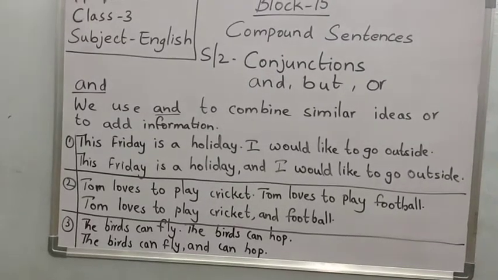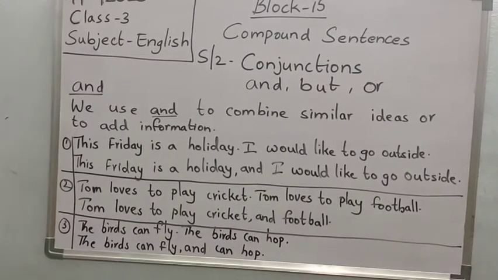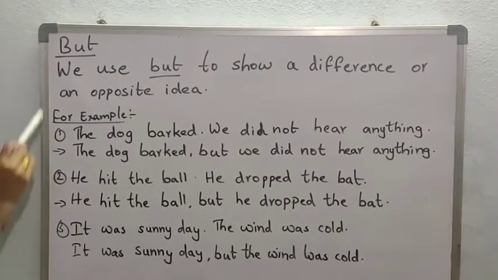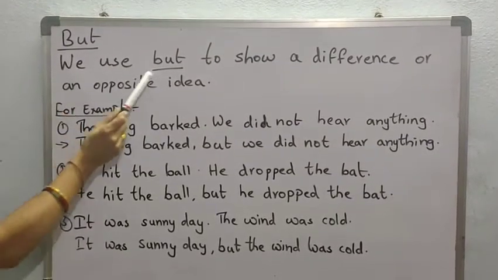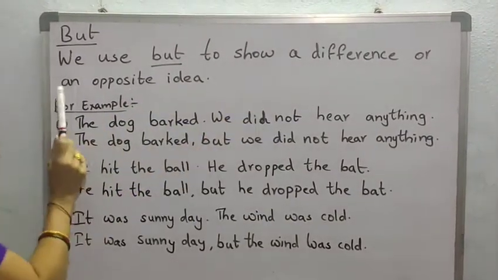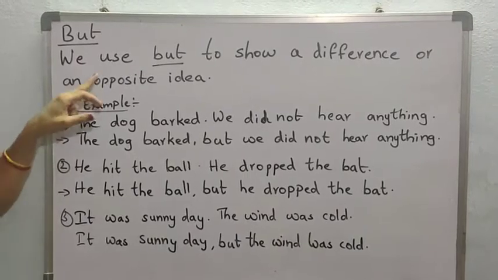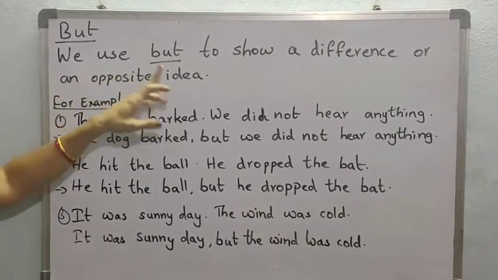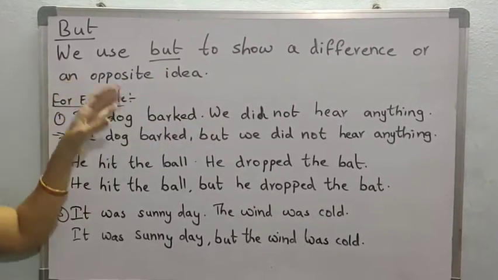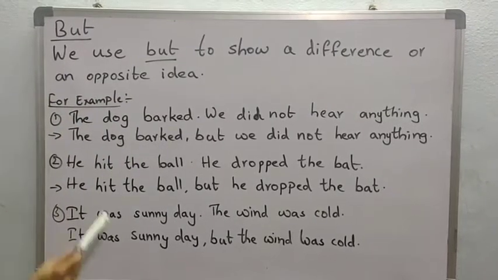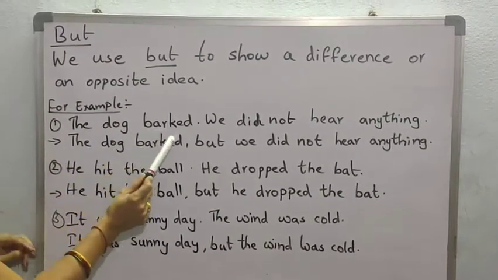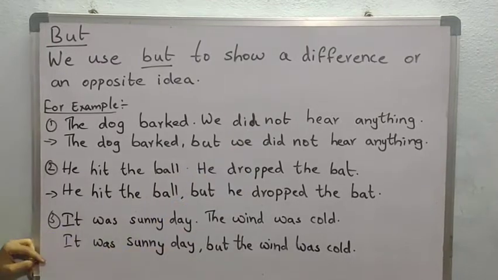Now we'll see when do we use but. We use but to show a difference or an opposite idea. See, let's see the examples. The dog barked. We did not hear anything.